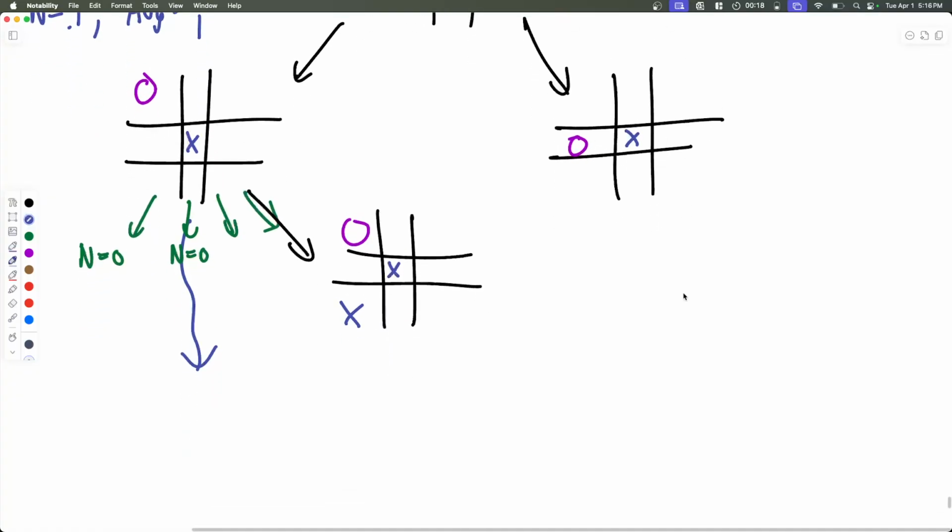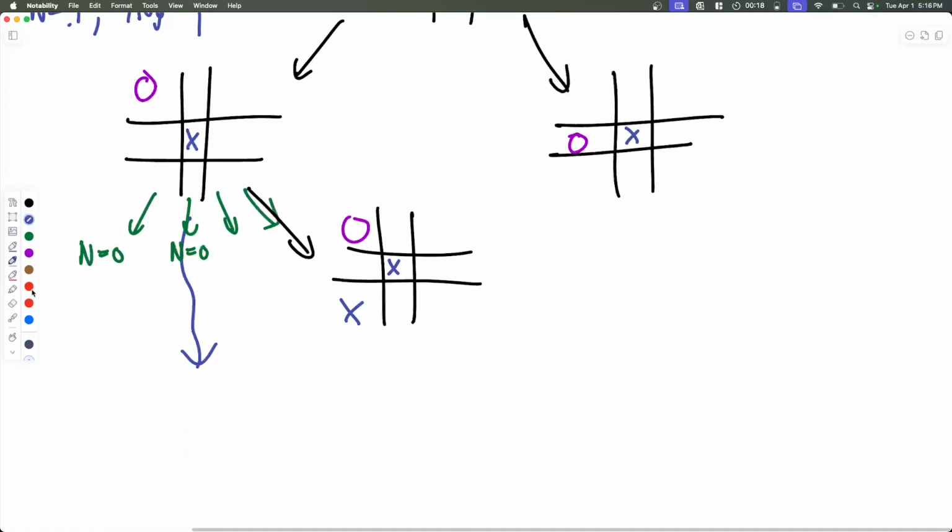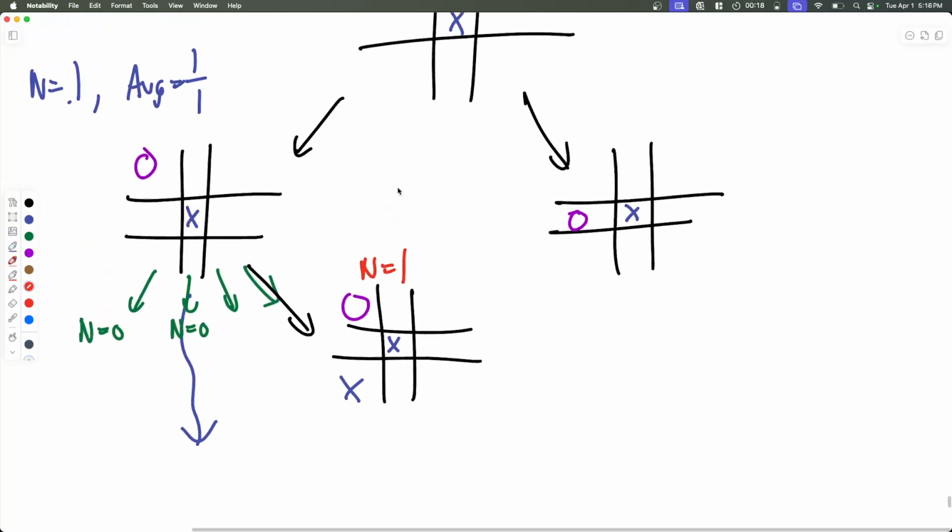So at the end of every single one, we keep track of the number of times we visited each state. So the number here will be 1. This number will get bumped up to 2. And the average will be, say, 1 out of 2 or something, if this one's average is 0 out of 1. So every single node has a number of times we've simulated from it. And it has some running average of the number of times it won divided by the total number of times we were there.